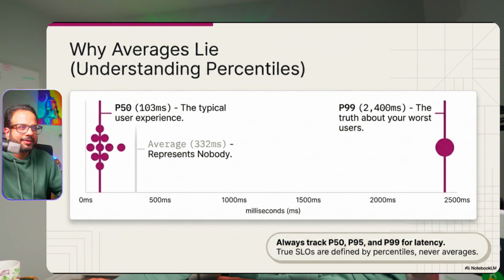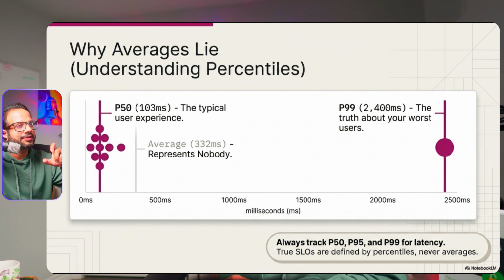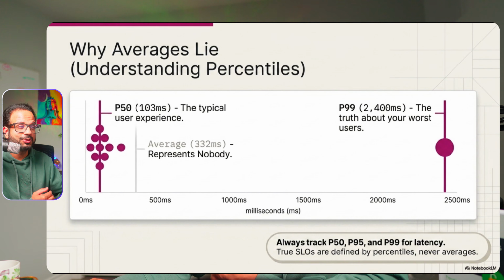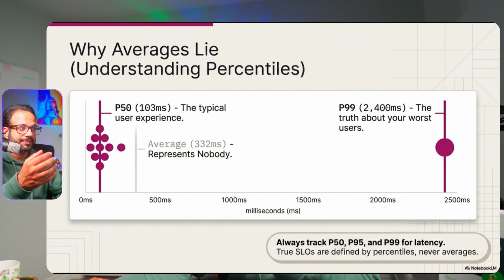Then we have P95. P95 means the 5% unlucky users, the 5% of the users that are facing the issue. We need to take the average of only those 5%. And then we have P99. P99 is your top 1% impacted users that are facing this issue. So this will tell you the truth about your worst impacted users, or the unluckiest users.